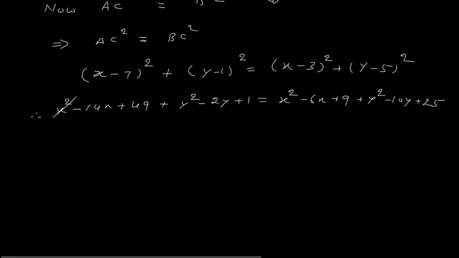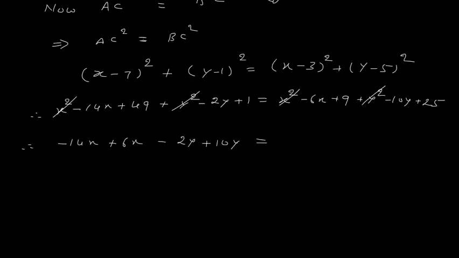Now on both sides x square we can cancel, y square we can cancel. Therefore here we have minus 14x plus 6x. I will keep all variables on one side, minus 2y plus 10y, equal to, and constants on the other side. So on the other side we have 9 plus 25, then minus 49 minus 1.